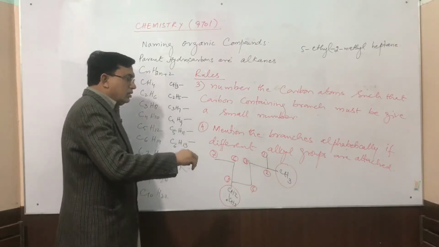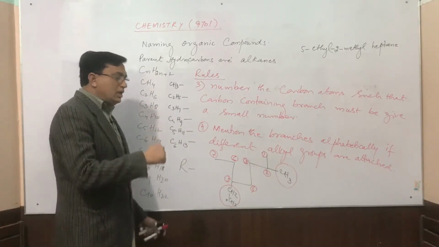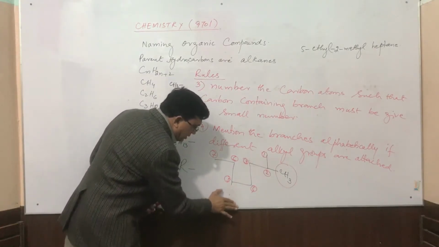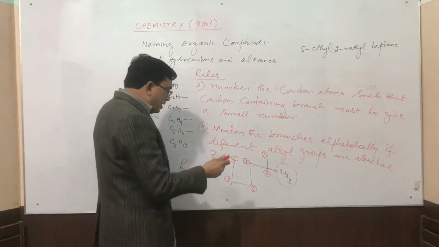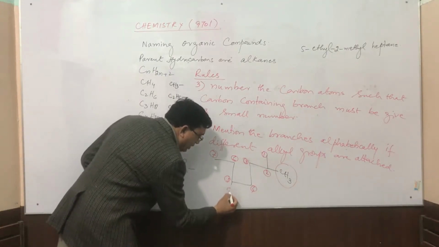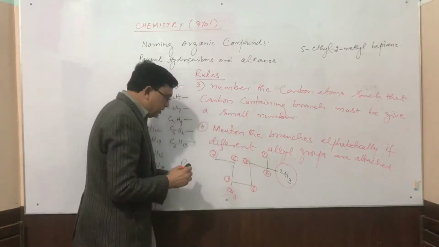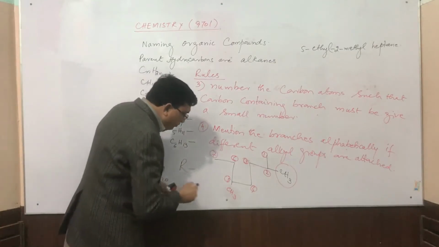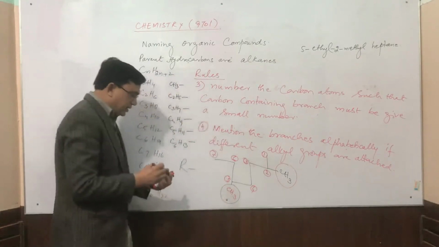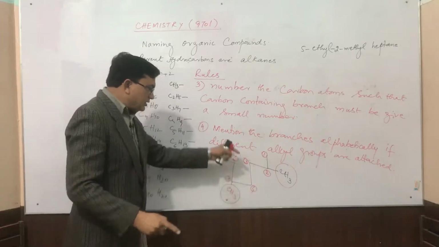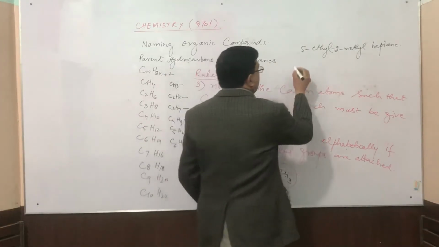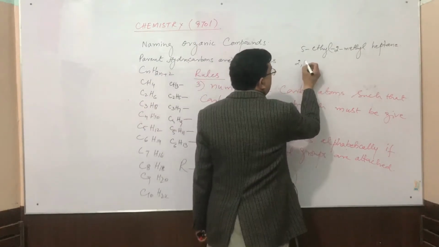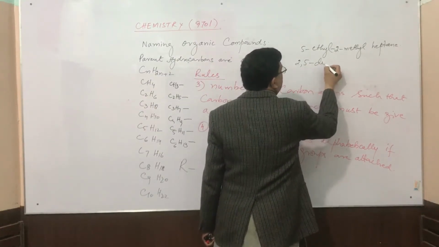Now, if the branches are the same, for example, this branch is not containing 2 carbon atoms, rather containing only 1 carbon atom. Now, it means that this branch and this branch both become the same. The new name of this will become 2, 5, di.